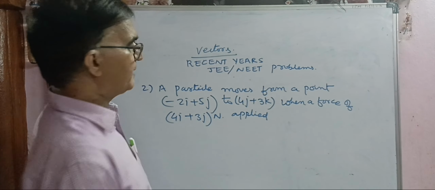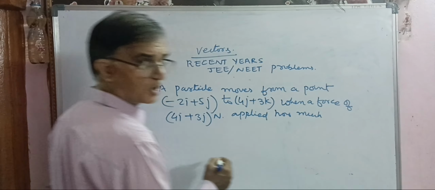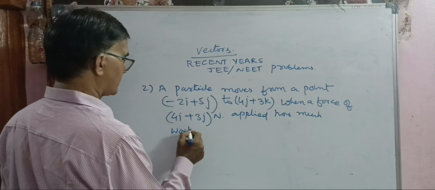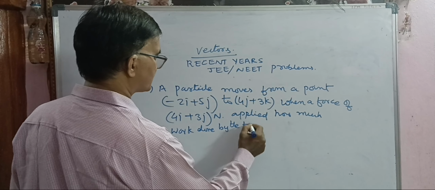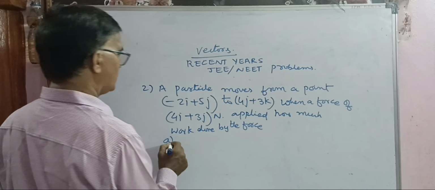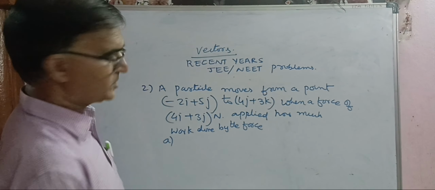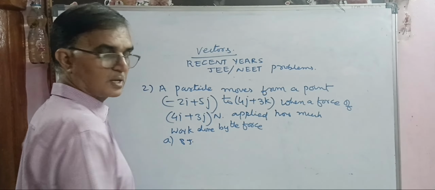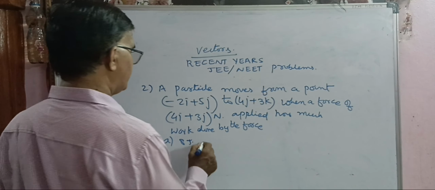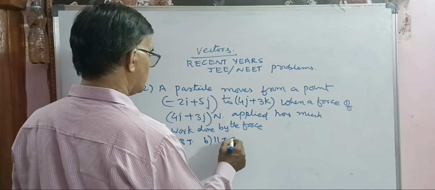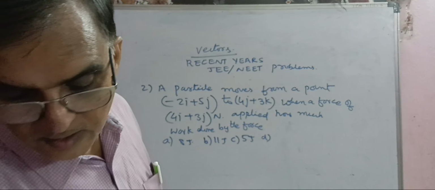Then how much work is done by the force? The options are: A, 8 joules; B, 11 joules; C, 5 joules; D, 2 joules.